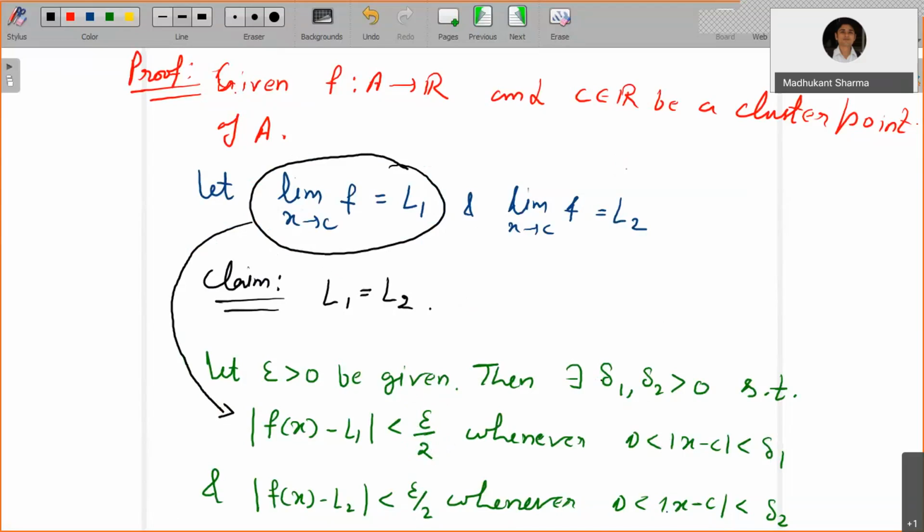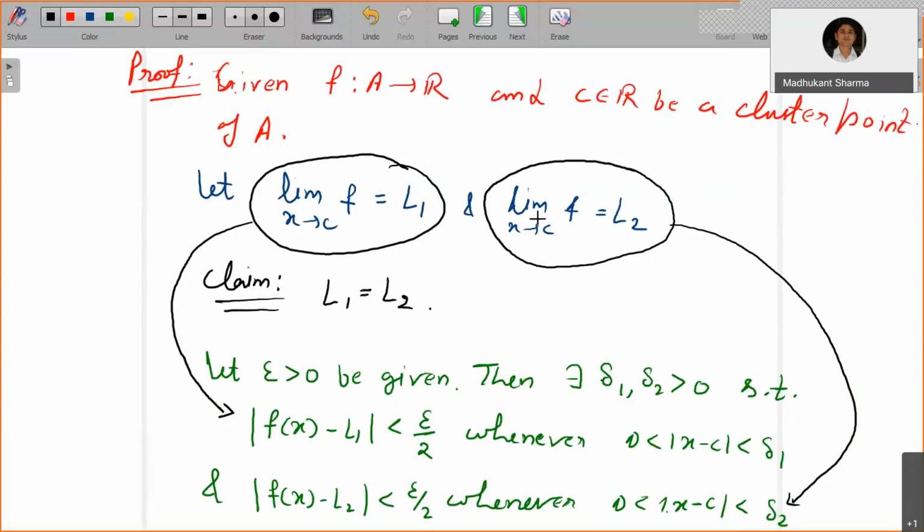Now, the second part is going to be as follows. Limit x tends to c of f equals L2. So for given epsilon, there exists delta 2 greater than 0 such that mod of f of x minus L2 is less than epsilon by 2 whenever 0 is less than mod x minus c less than delta 2.